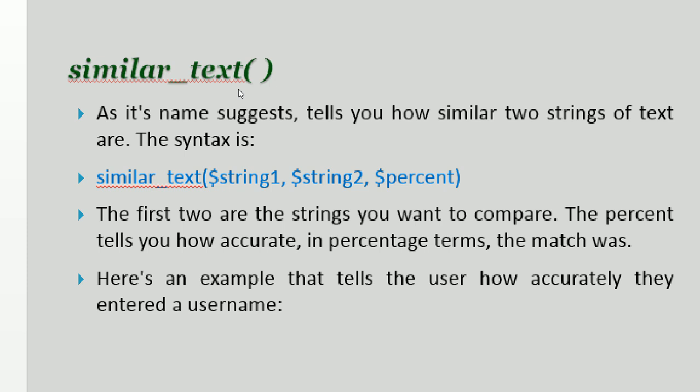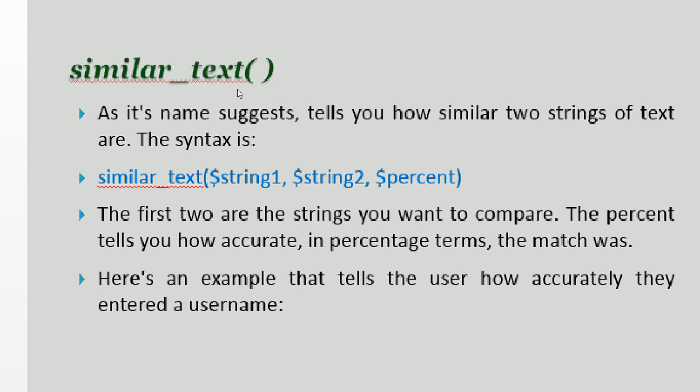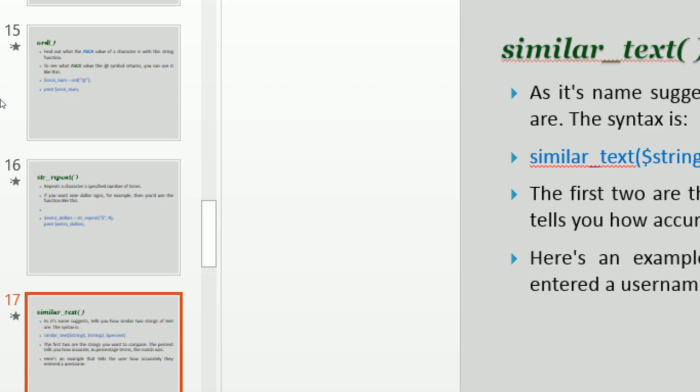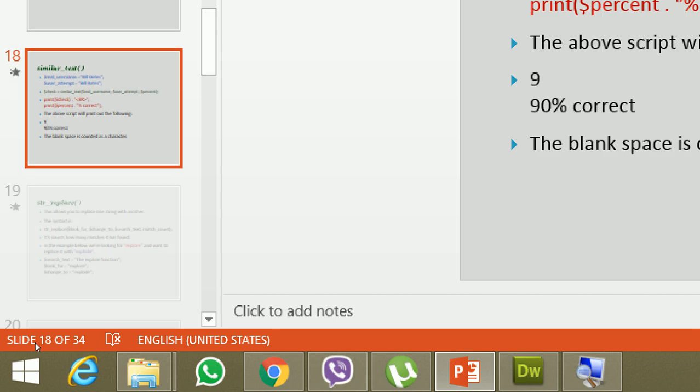It will compare the first two strings regarding the spellings, regarding the matching. They are matching or not. The percentage tells you how accurate it is, in percent. Clear? Here is an example which will tell you how the program should be written.